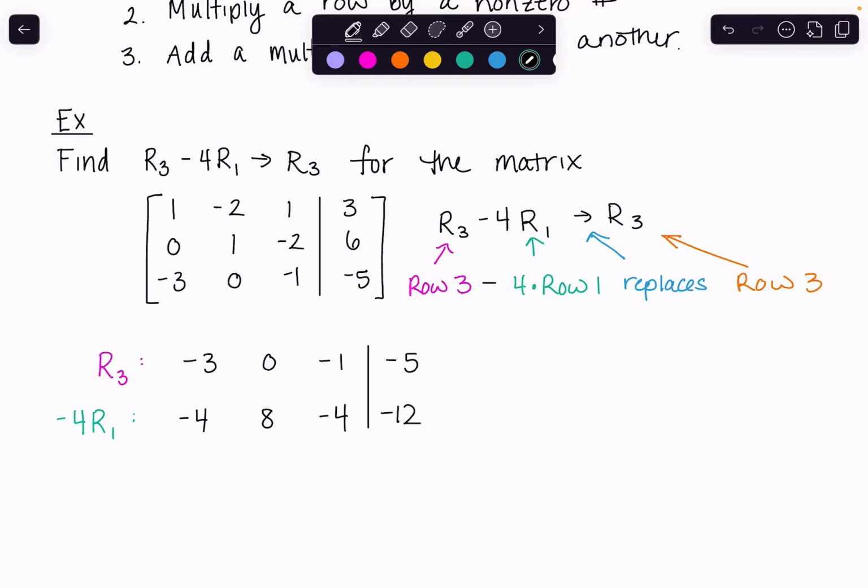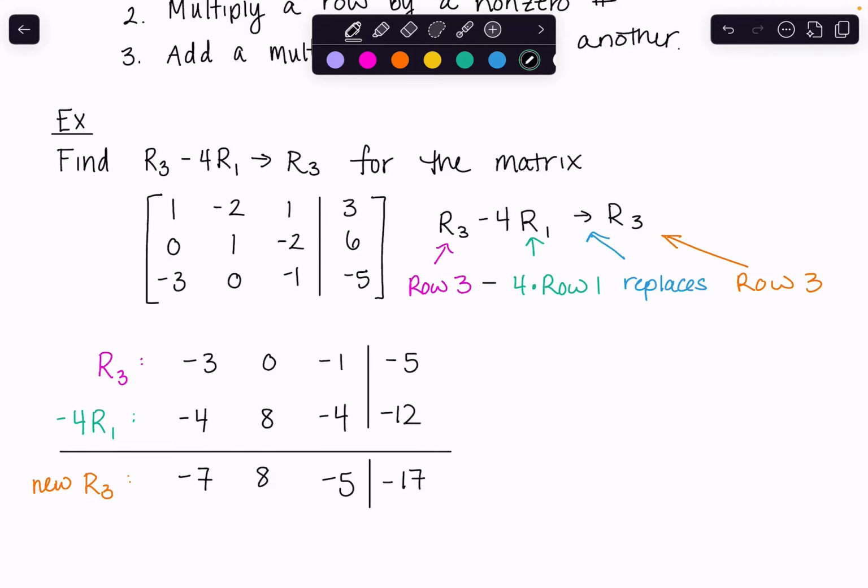Okay. And now this is going to become my new row 3. So I combine these together. So -3 plus -4 is -7. 0 plus 8 is 8. -1 plus -4 is -5. And then I've got my constant, which adds together to be -17. Okay. So again, all this has done is added a multiple of one row to another.